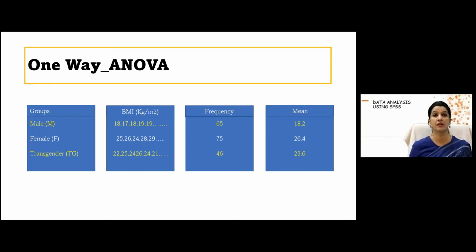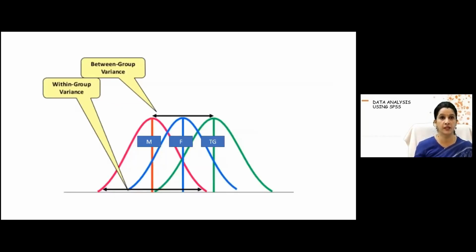Overall mean means the mean of male, female, and transgender. So that's the between group variance. And within group variance is the same which we did yesterday, which I have told right now also. Variance means the deviation from the mean. That is a variance, right?